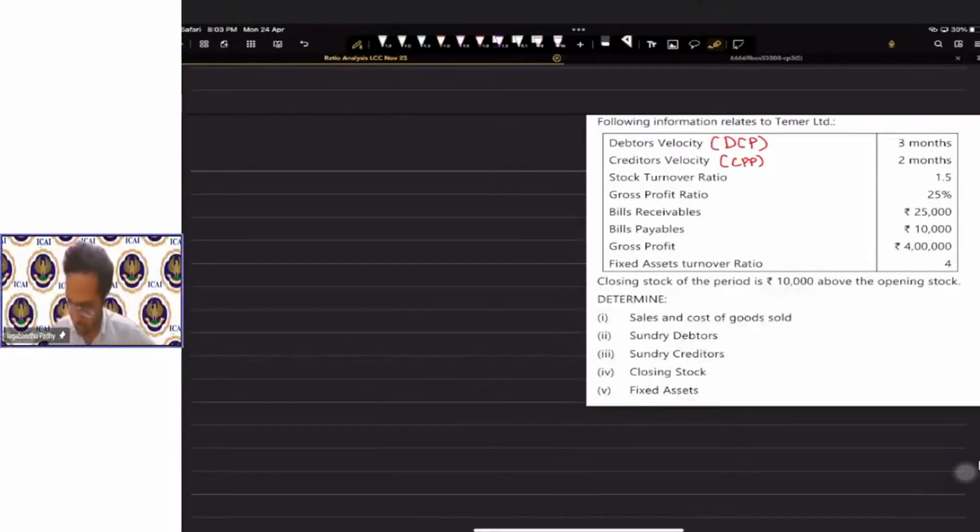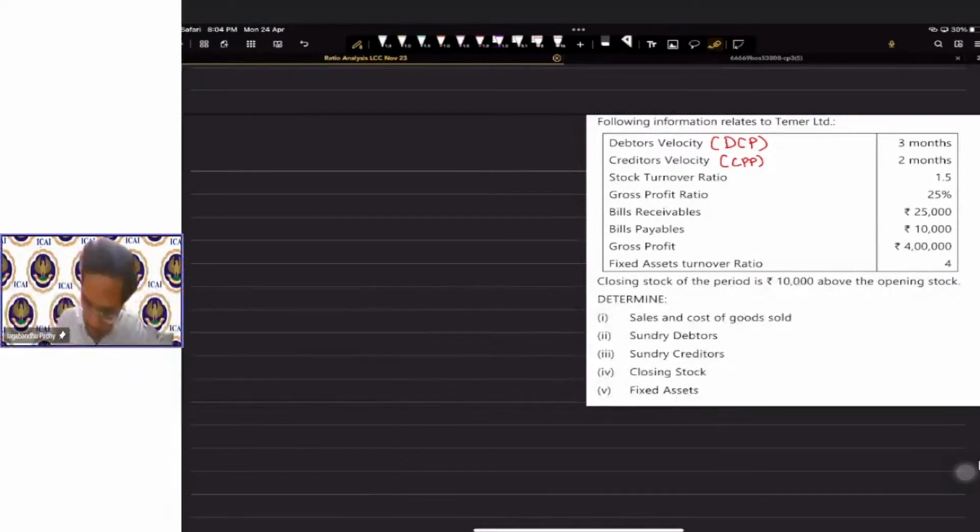Now let's first talk of any ratio that you can think of to begin with. Debtors velocity is 3 months, creditors velocity is also 2 months. Stock turnover is also given. We don't have any stock information, but we do have a GP, and we have a fixed asset turnover of 4.